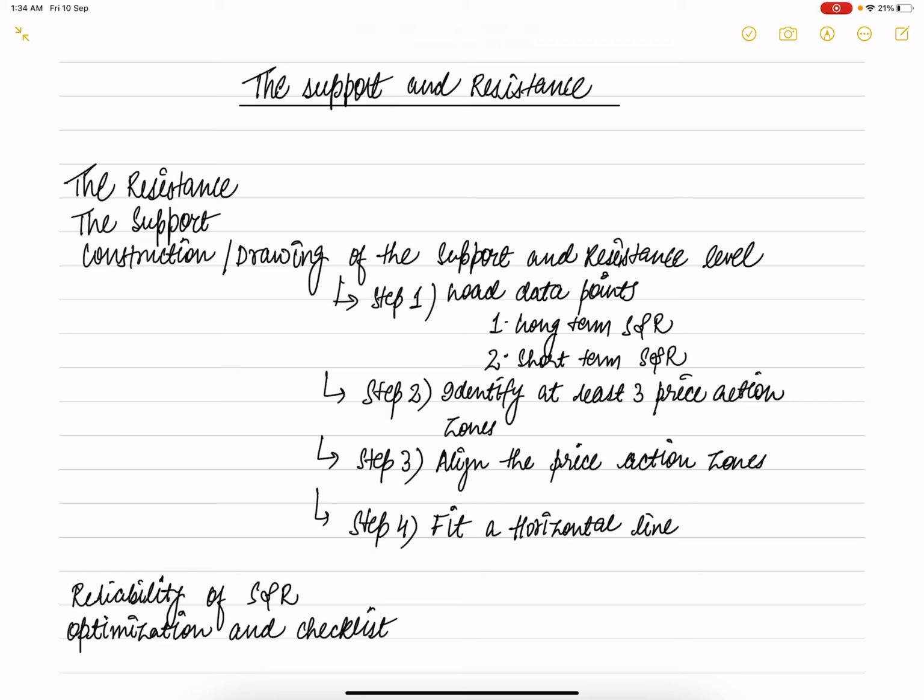Now, coming to the final point of support and resistance: optimization and checklist. Perhaps we are now at the most important junction of this module. We will start discussing a few optimization techniques which will help us identify high quality trades.